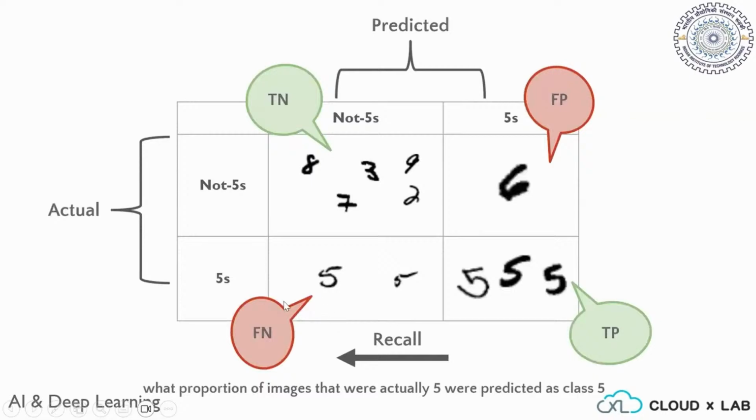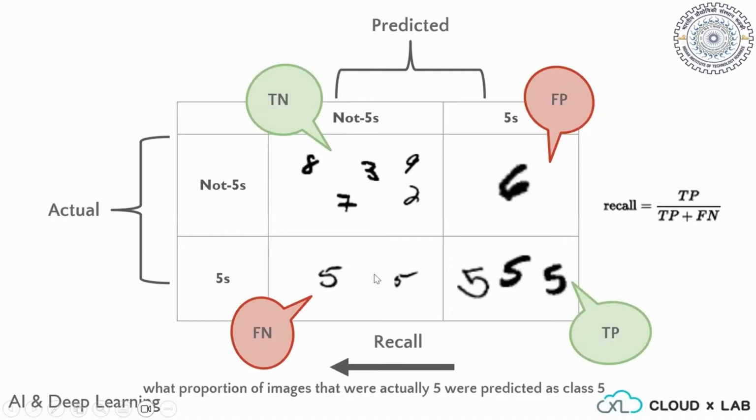So for the recall, we will consider these two cells. Recall is true positive divided by true positive plus false negative, which means what proportion of images that were actually 5 were predicted as class 5.